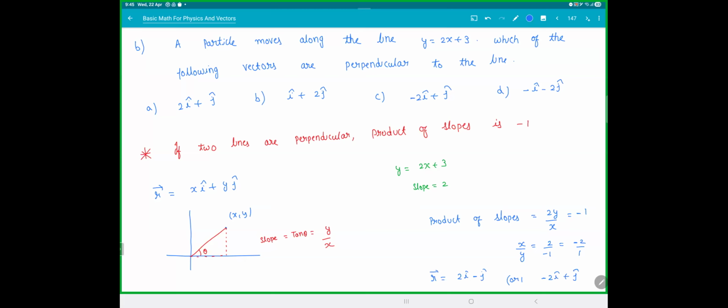Isn't that the meaning of it? Because this is the x and y coordinate, right? So you're saying your x coordinate is 2 times the y coordinate. So the only options which match here are 2i minus j or minus 2i plus j.